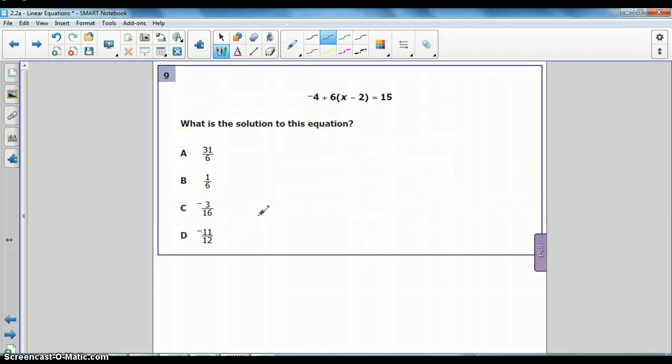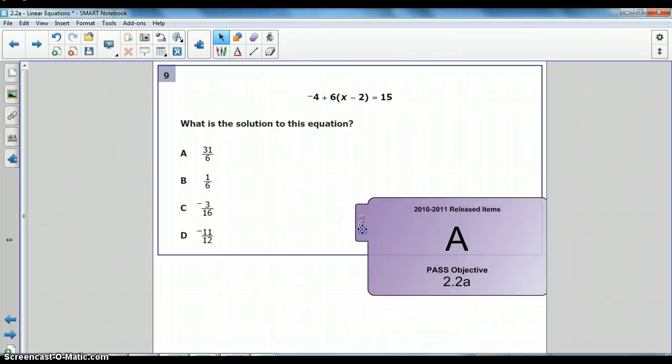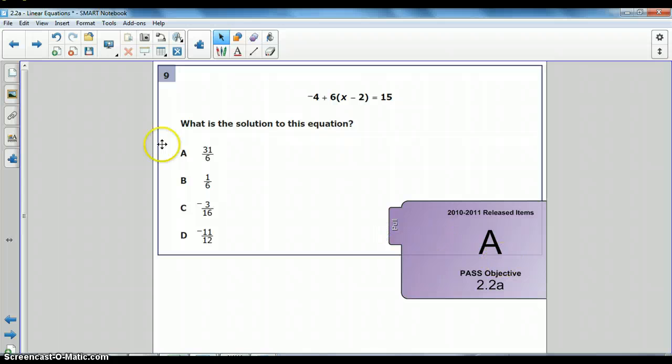For this one, if you're like, oh my goodness, same thing, you don't want to solve it, plug each of these in for x. Use your calculator. You can put it in your calculator exactly how it looks here and see which one gets you 15. On my calculator here, I can't show you how that would look, but I can show you how to solve it, so try it in your calculator and see if that works for you.